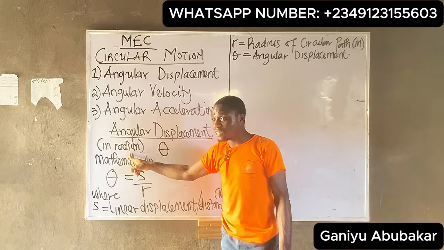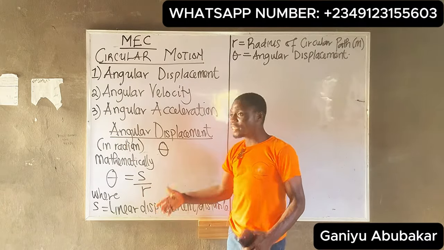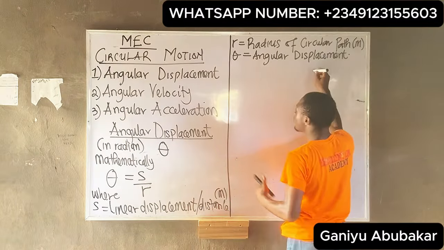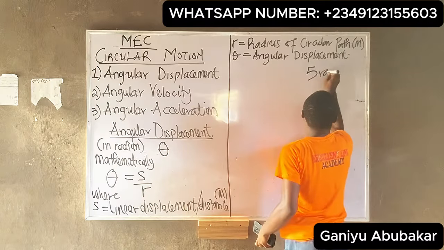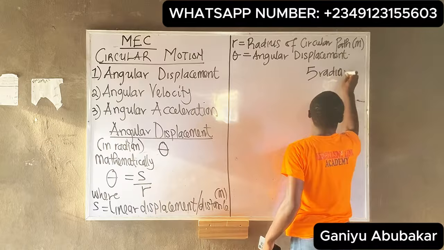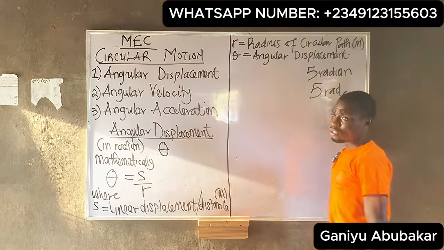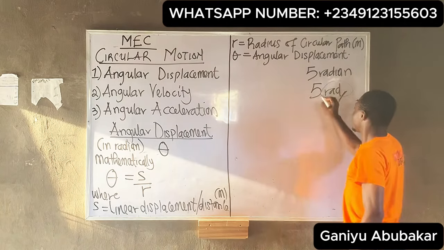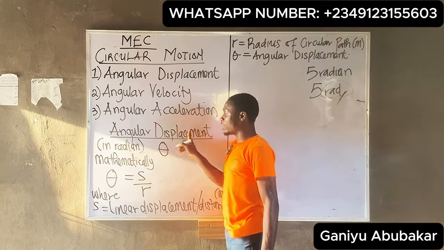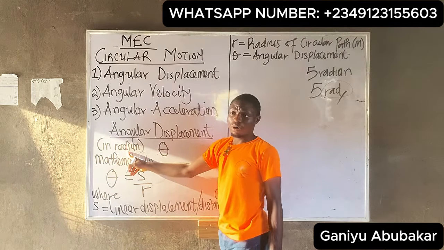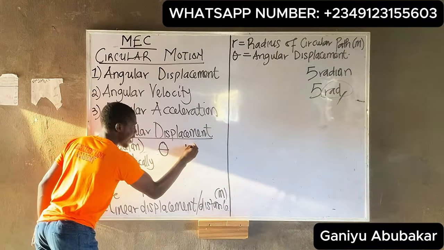Short form is rad. If my answer is 5, don't start writing 5 radian, it takes time. Just write 5 rad. That's all. So the SI unit for angular displacement is radian, and the short form is rad.